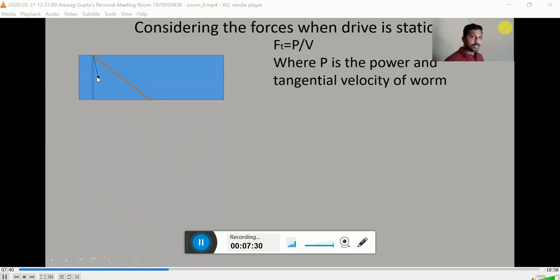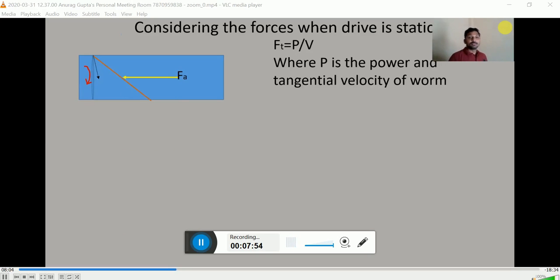This will be the direction of tangential force, and this tangential force will be exerted over the pitch point where the worm gear and the worm are in mesh. Okay. We are considering the rotation of the worm in the clockwise direction. So the tangential force will be in this direction.